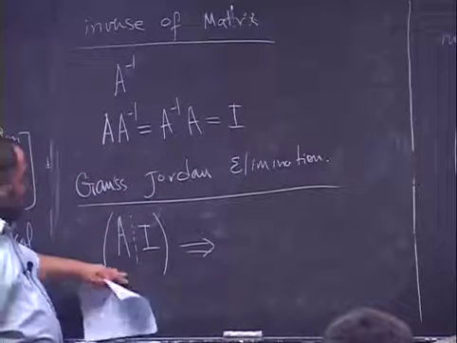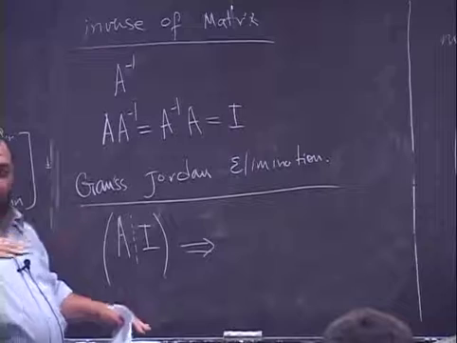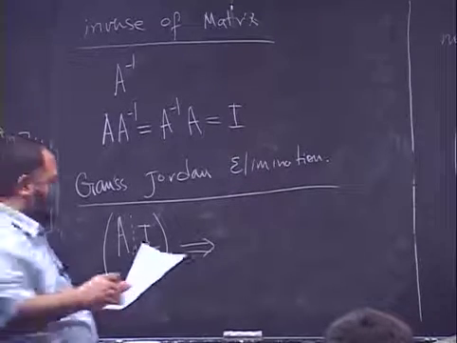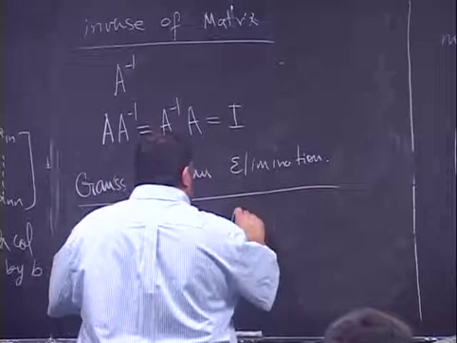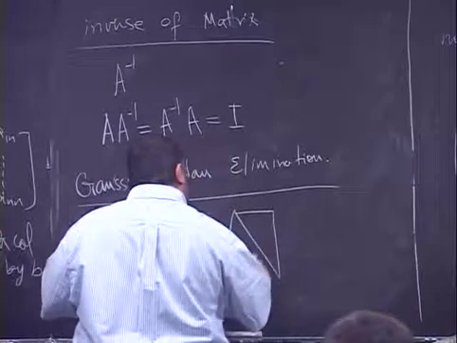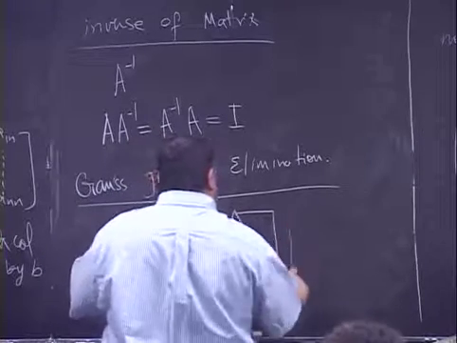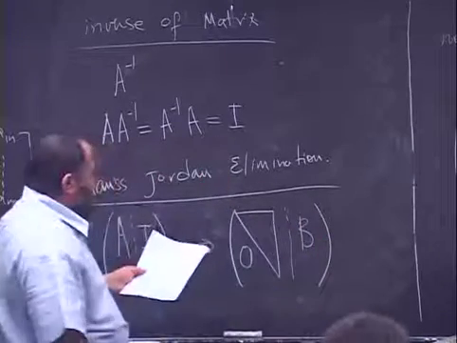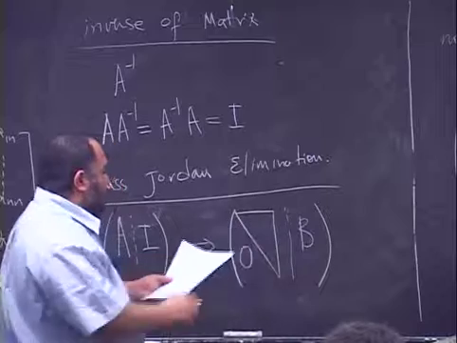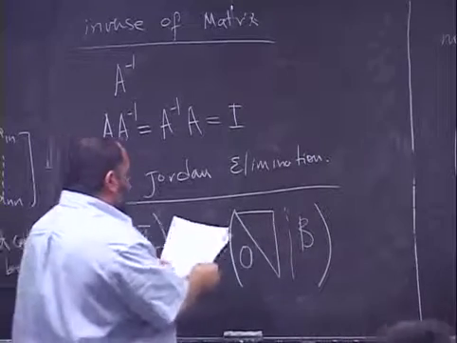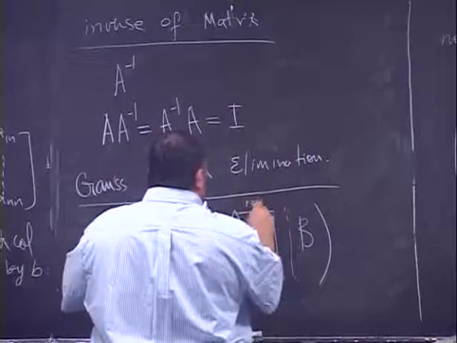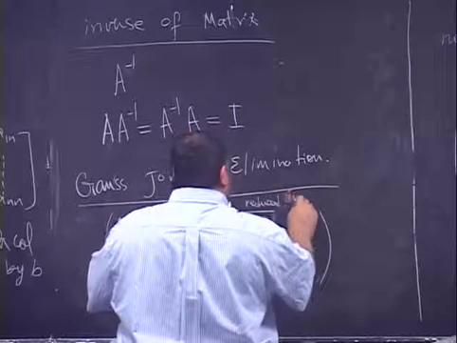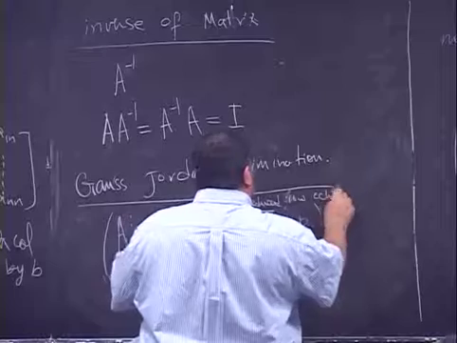Then you will do exactly the same as the Gaussian elimination. You will start eliminating and transforming this to the triangular form, with 0 here, and this is another matrix B. In this case, we call it the reduced row echelon form.